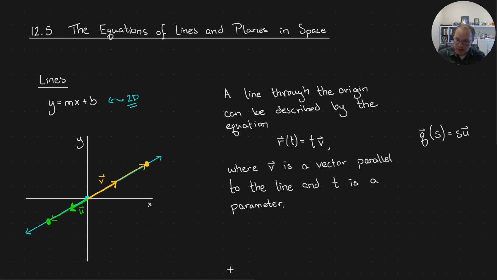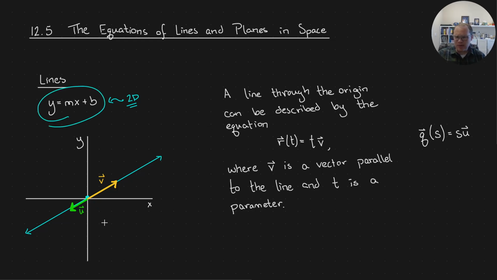But both points are on the line. Notice then that the equation of a line in this form is not unique. Both of these are valid equations of the line. Plug in different things, you get different values out. They both give me all the points on the line.